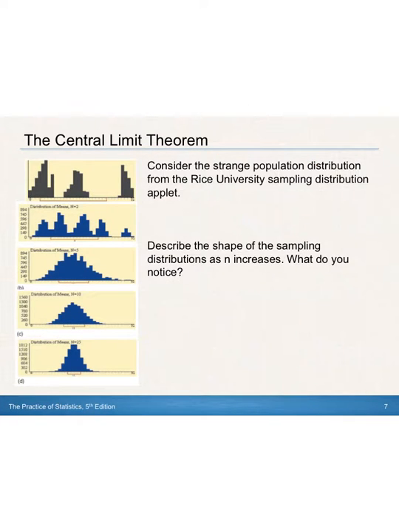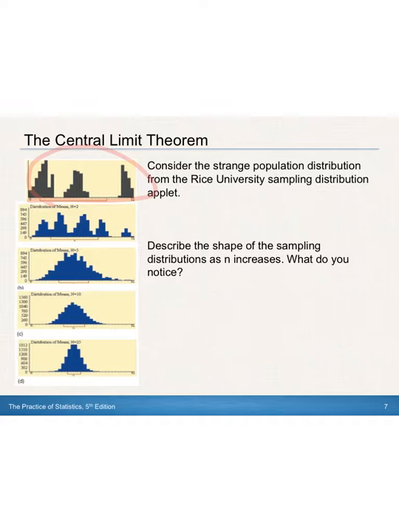Here we've got a population distribution. I have no idea what this could possibly mean, and it's quite weird. It doesn't have a clear center. It's trimodal. It's got a bunch of stuff up toward the top.